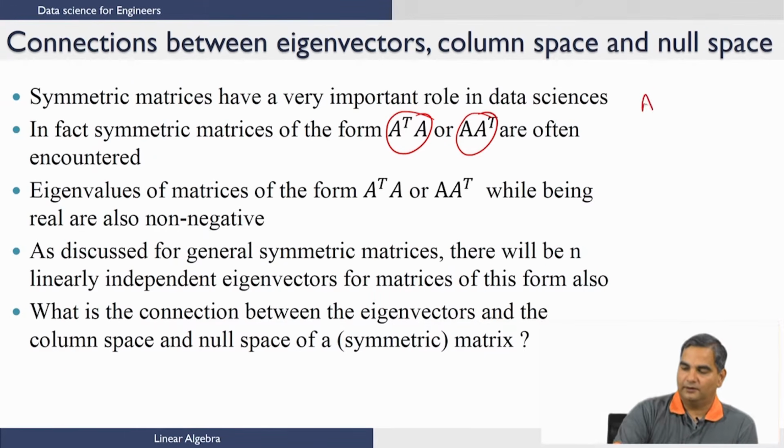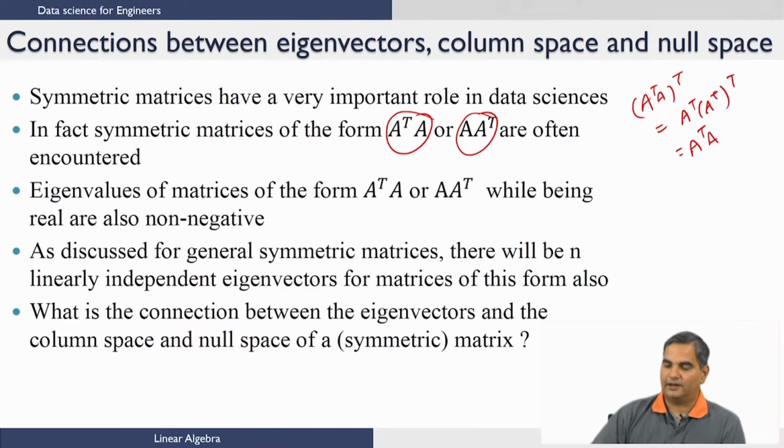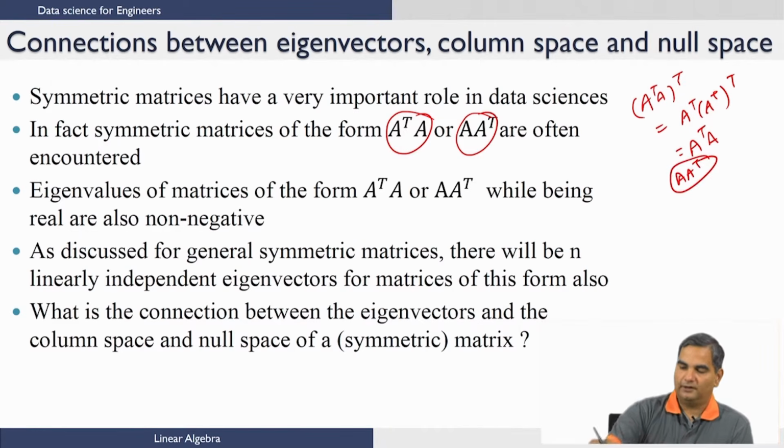So, for example, if I take the transpose of A transpose A, this will be A transpose, transpose, which will be A transpose A. So, the transpose of the matrix is the same. You can verify that A A transpose is also symmetric through the same idea. So, we know matrices of the form A transpose A or A A transpose are both symmetric, and they are often encountered when we do computations in data science.